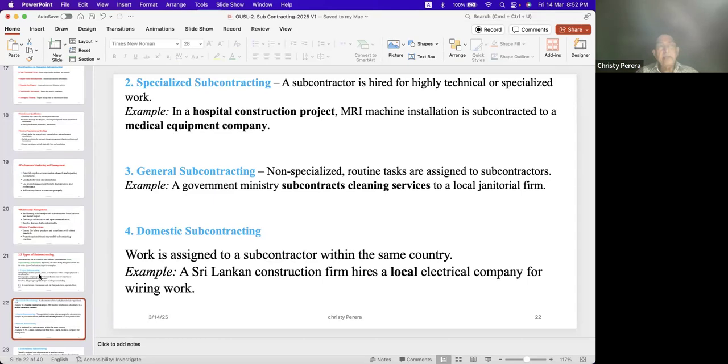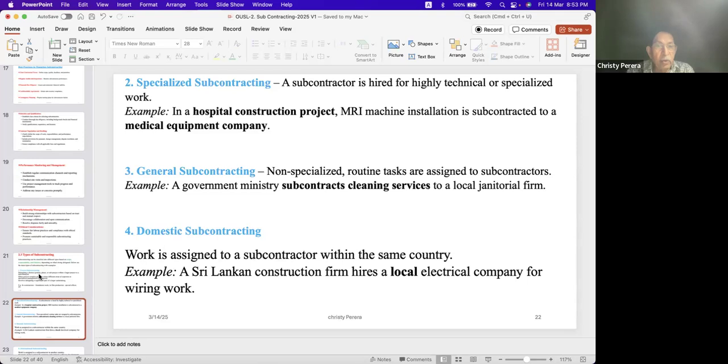Maybe inside the wards, they may be given to some party. But inside the operation theater and the MRI machine theaters, those areas, they will have to give to some other party as a subcontract. And sometimes the toilets, they will have to give to another party. Toilets and bathrooms, subcontract separately.